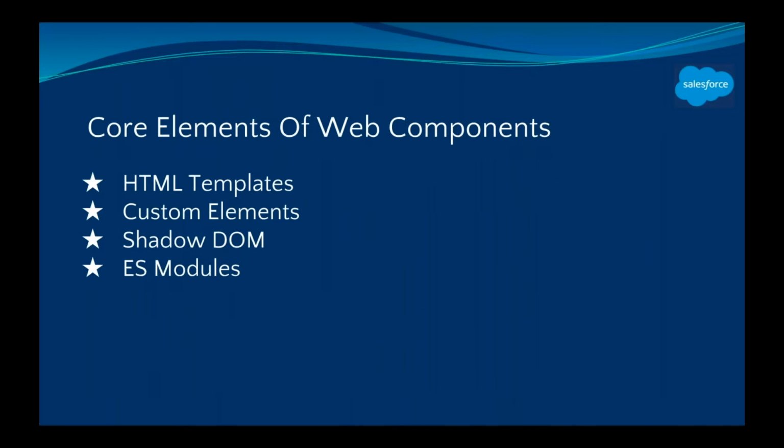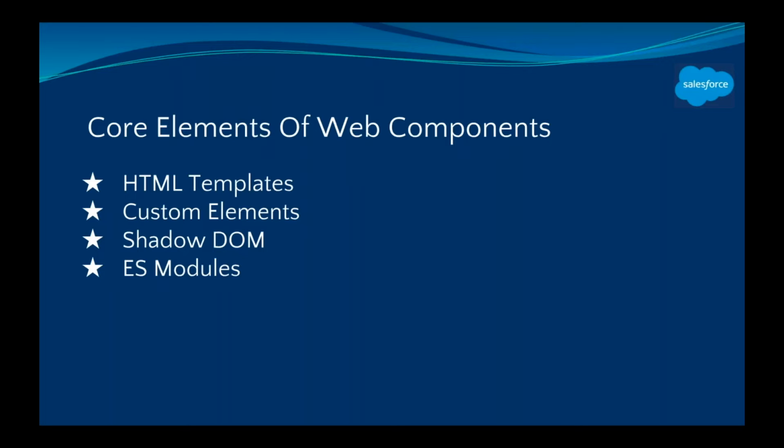So what are the four core elements of a web component? We also call them pillars. Basically, HTML templates, and we're going to see what a template is. Then the ability to create your own custom elements, meaning you can create your own tag and the browser starts recognizing it, and then you can reuse that in multiple places. And then the additional capability is the shadow DOM.